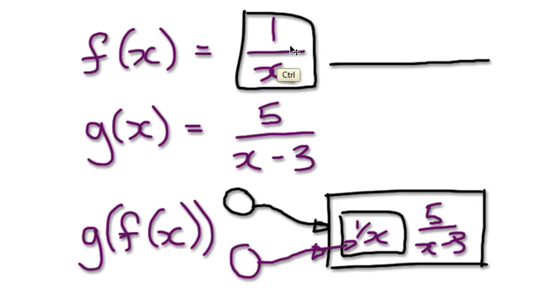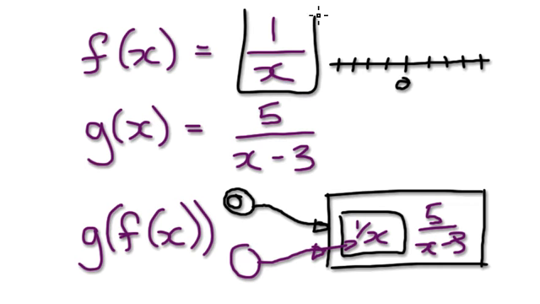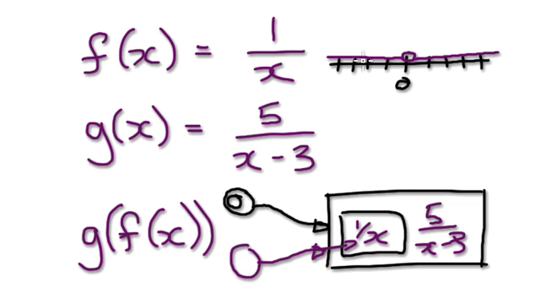If you put 0 into the inner machine, it will break down because 1 divided by 0 is undefined. So the domain for this function is everything on the real number line, 1, 2, 3, 4, and so on, and -1, -2, -3, -4, and so on, except for the number 0 itself.